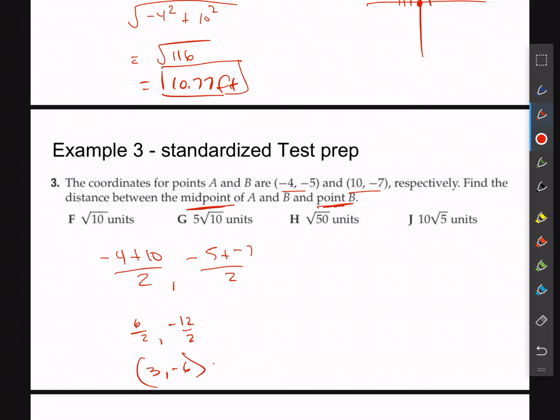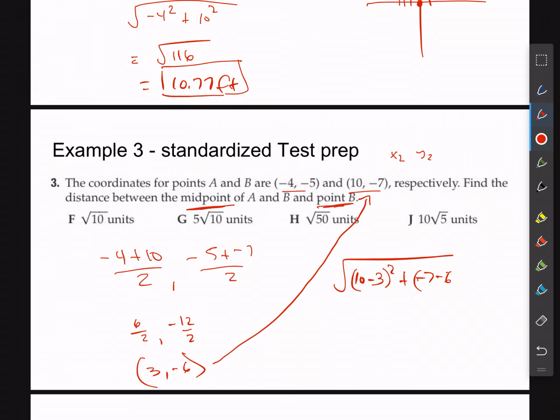Then I'm going to use that and find the distance between that and point B. Okay, so we take the square root here. Let's do x2. We'll make this x2, y2. So we'll have 10 minus 3 squared plus -7 minus 6.